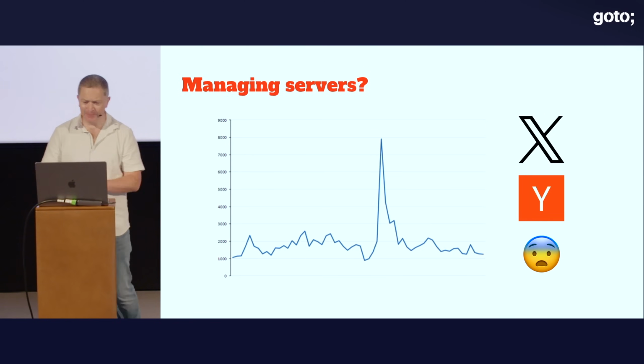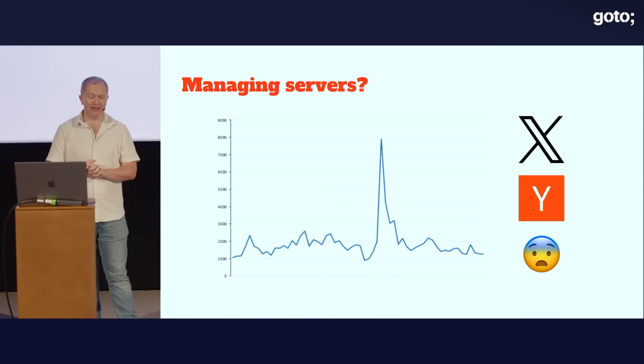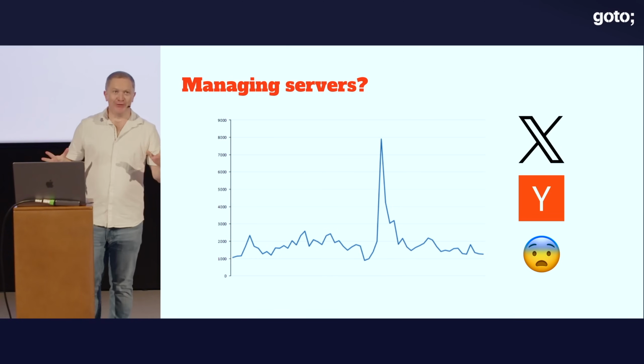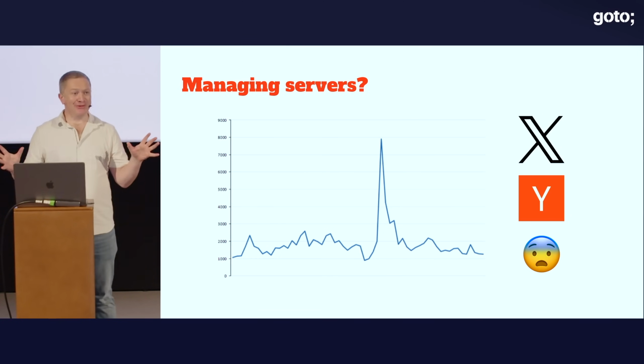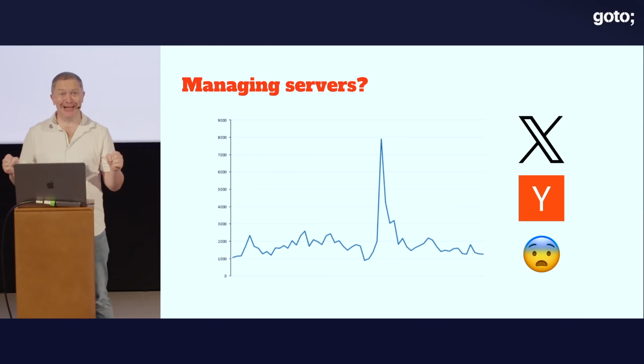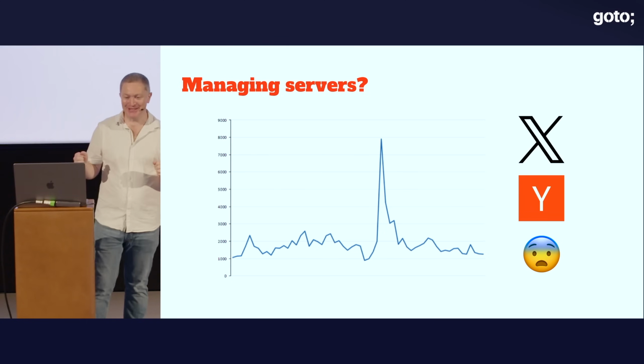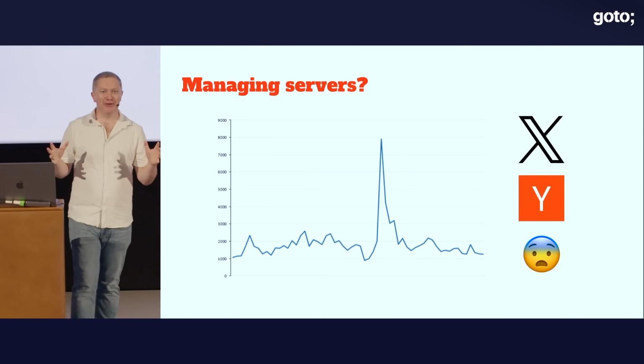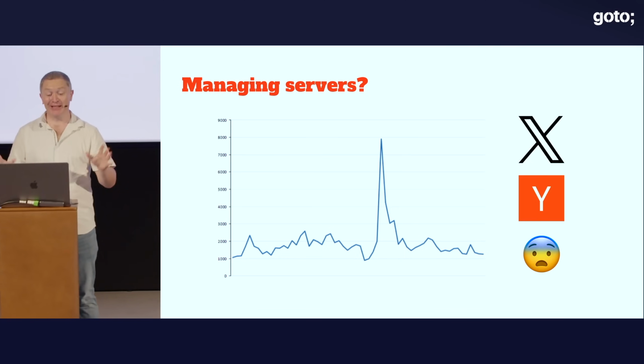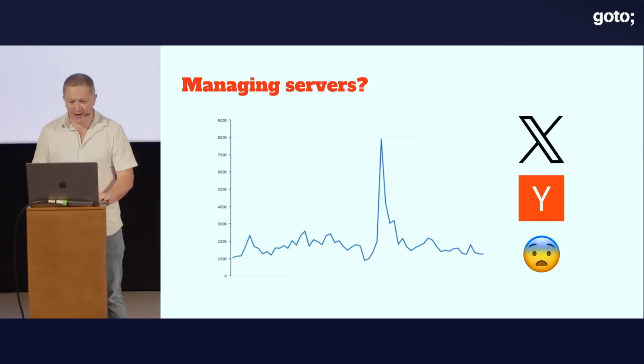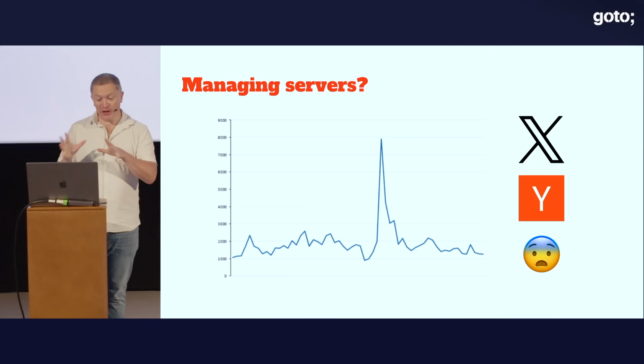But in our case, one of the reasons we wanted to explore WebAssembly was that all of this involves managing servers, and we're just an open source project, and nobody really wants to have a beeper that's going off, because an open source project is something you do as a hobby in your spare time. So we really didn't want to be doing this.